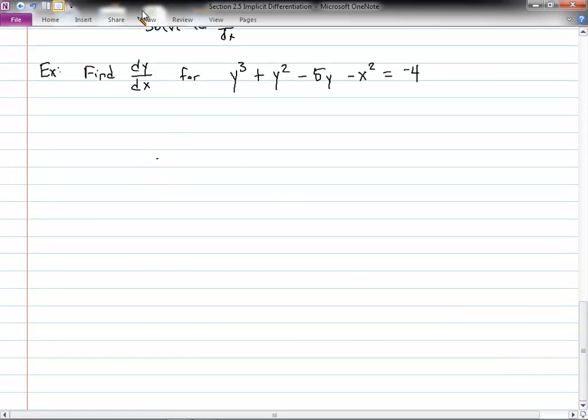So what's the first step? What's the first thing that we do? Differentiate both sides with respect to x, right? So I'm going to take the derivative of y cubed plus y squared minus 5y minus x squared, and I'm going to take the derivative with respect to x of negative 4.